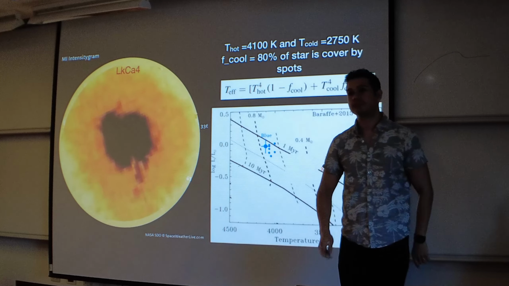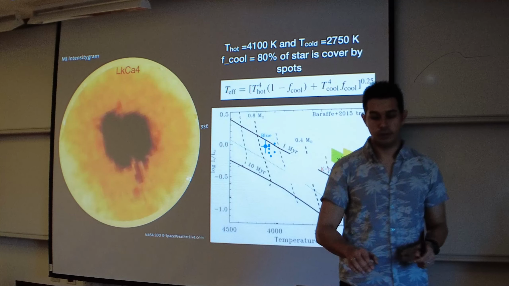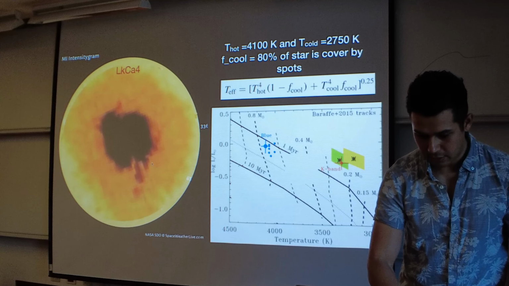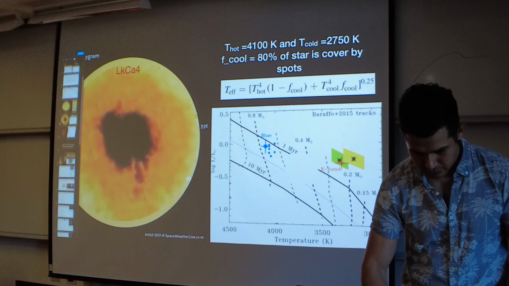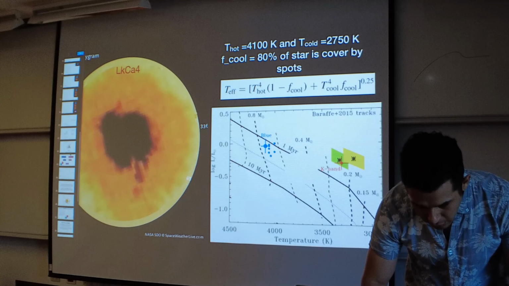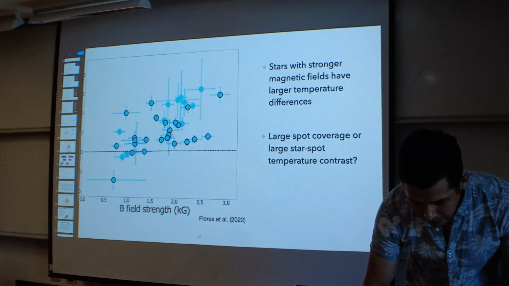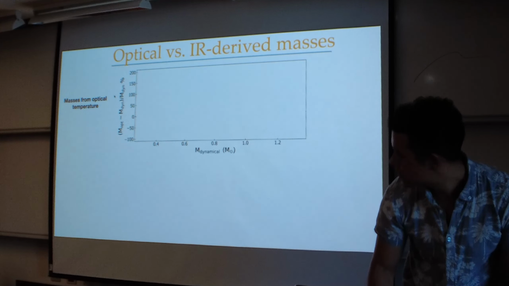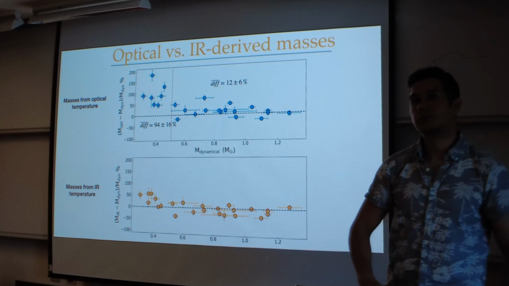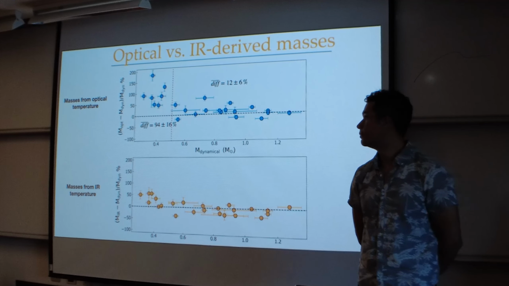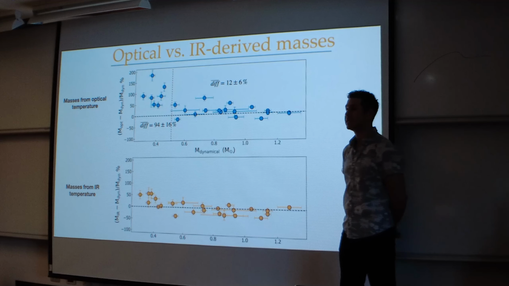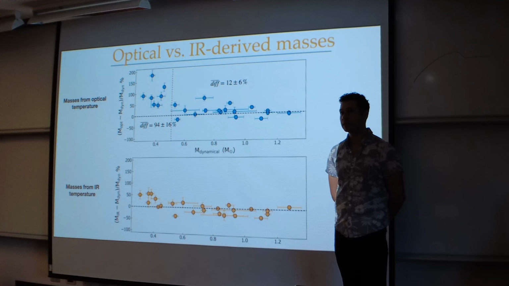Can you go back to your plots where you show the difference between dynamical mass and the model mass? In the lower mass region, the difference is higher, right? In optical as well as in infrared. So is there any physical significance?